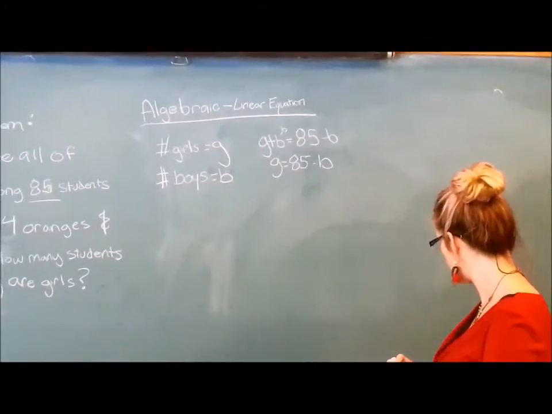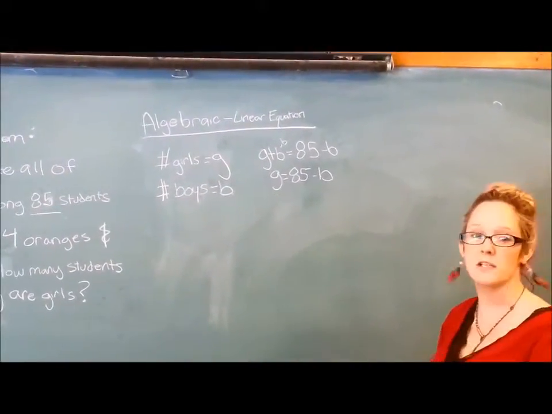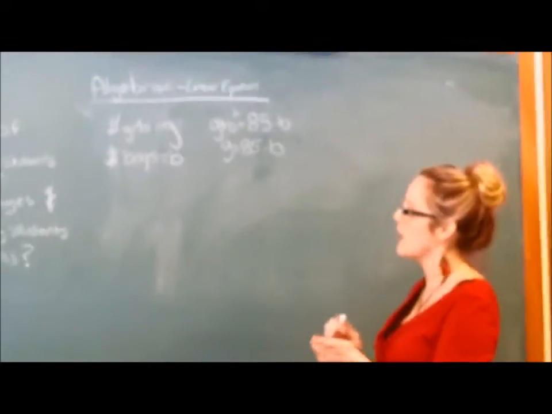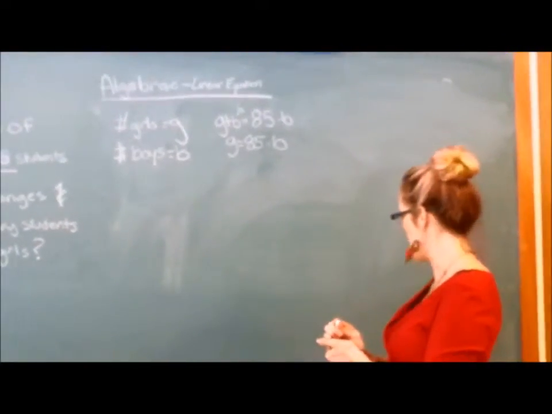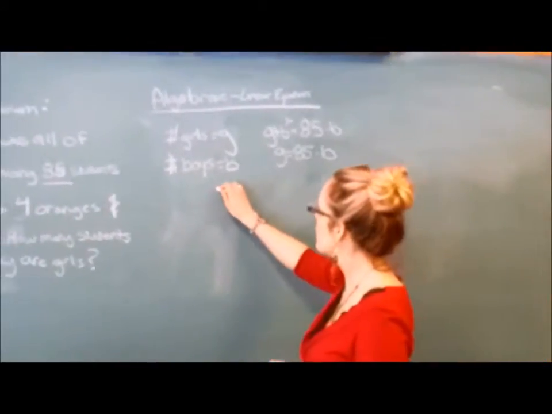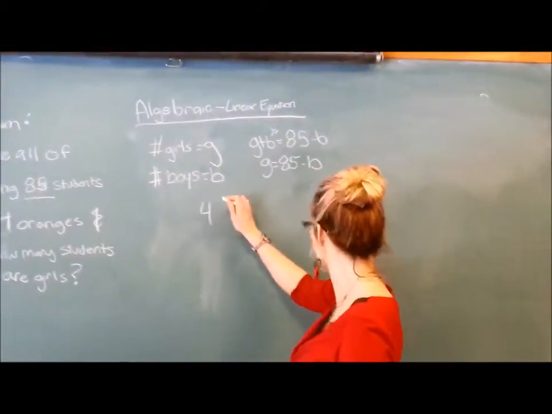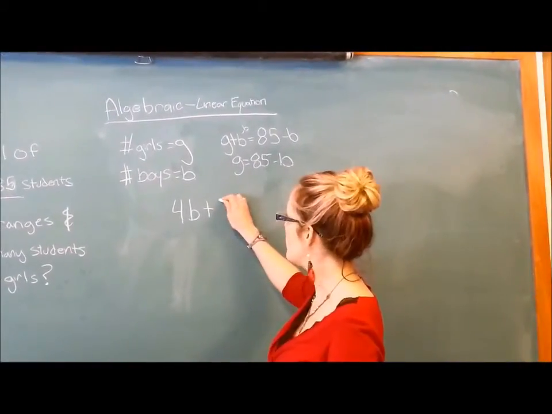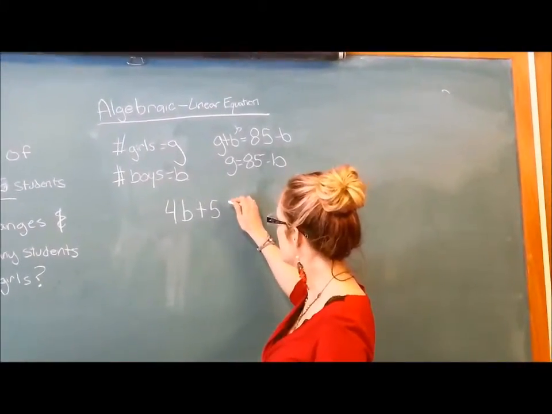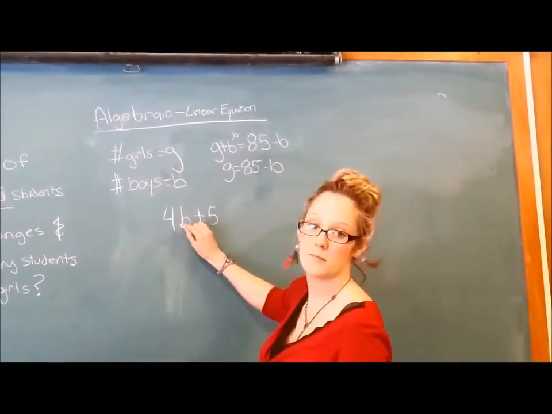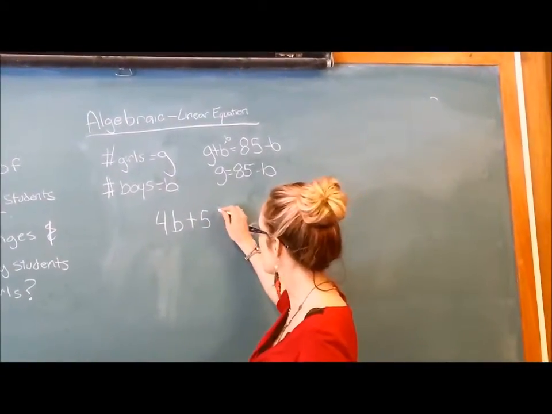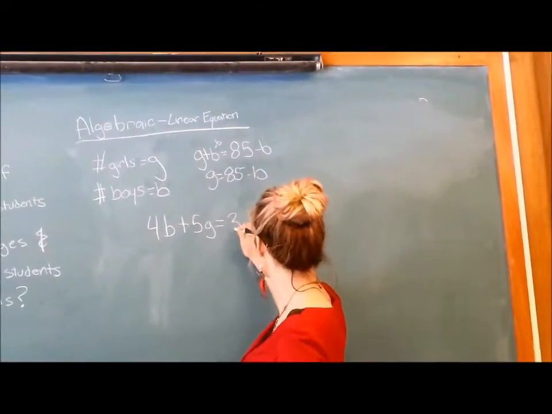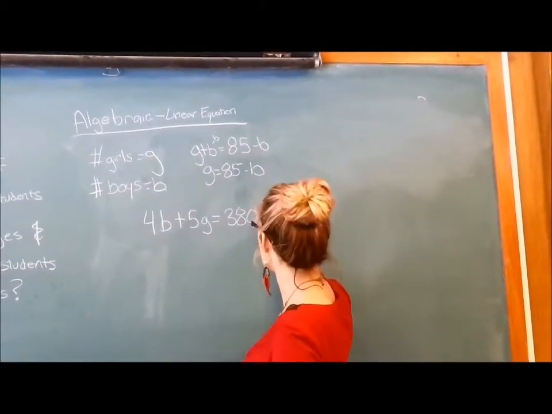Now our next step is to put this into an equation. We know that we have 380 total oranges. So 4 oranges per boy plus 5 oranges per girl equals 380 oranges.